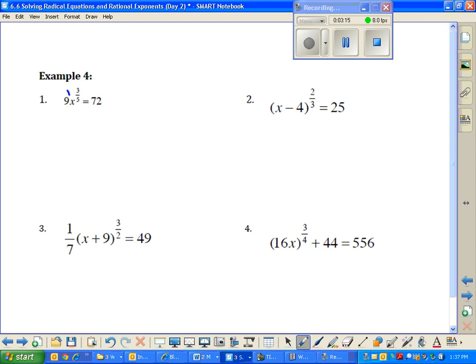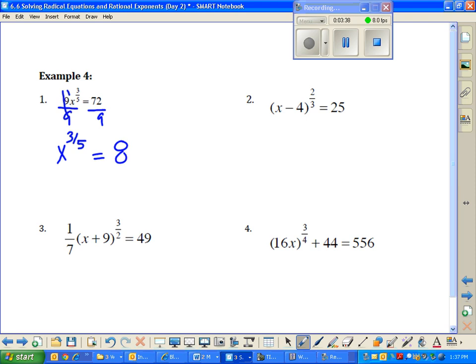X is raised to that rational exponent there. X is raised to the 3/5 power. So I have to isolate that base. I have to get x to the 3/5 by itself. So how do I do that? Go ahead, Alec. Yeah, divide both sides by 9. So we have x to the 3/5 equals 8.